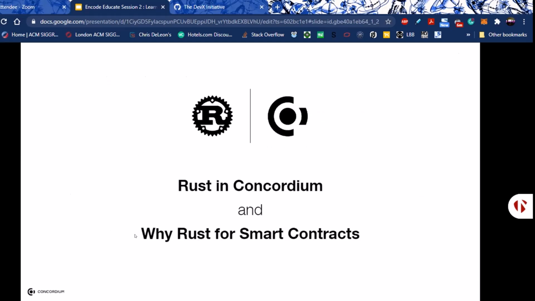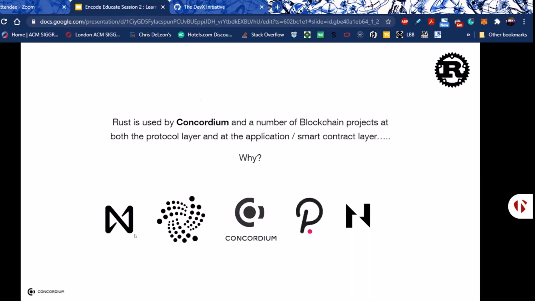Rust in Concordium, and why Rust is a great language for smart contracts. So Rust is becoming and has been a very important programming language for blockchain in general. You see a lot of different projects that are either moving their stack over and rewriting a lot of their core protocols in Rust, or they're saying that they have the aspiration to do so.